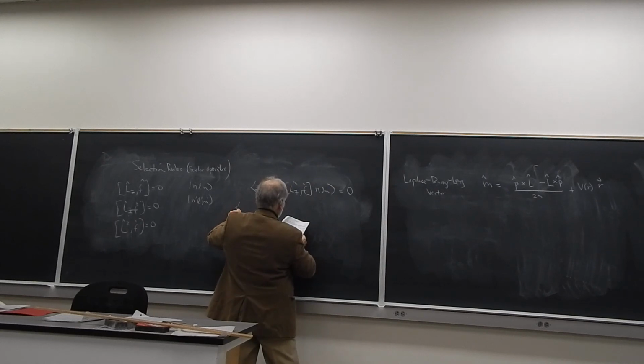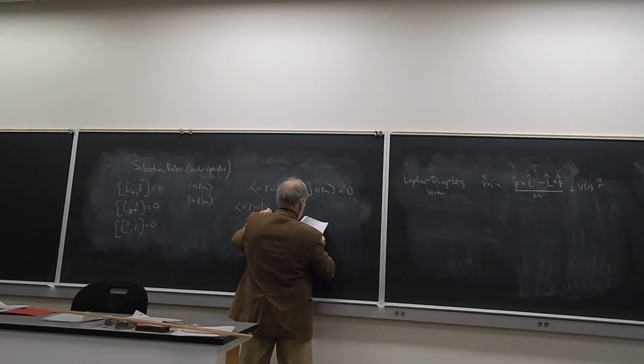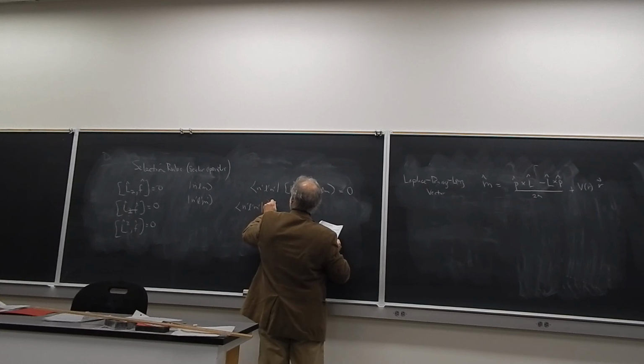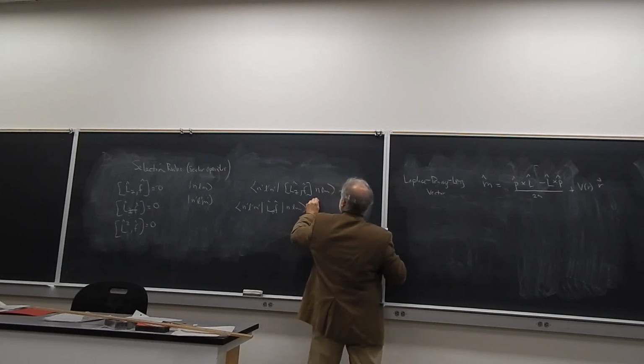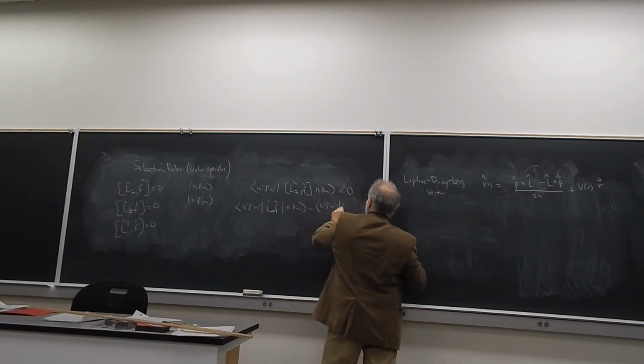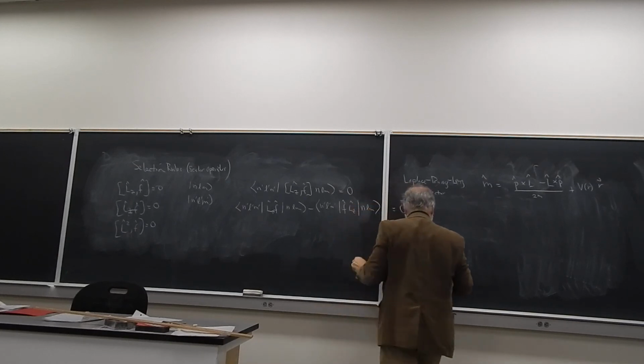I'll write that out: n prime, l prime, m prime, L_z F, n l m, minus n prime, l prime, m prime, F L_z, n l m, since they commute, must be equal to 0.